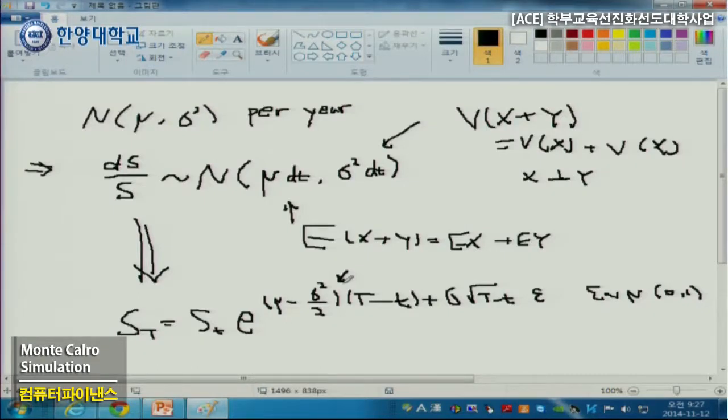So assuming that we have this assumption, we can express the stock return, when the stock return is over a big T minus t time later, this way.